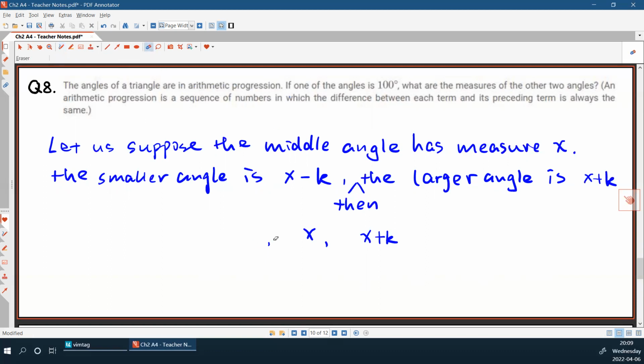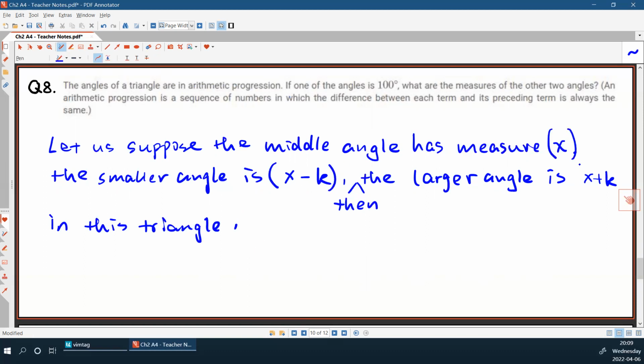All right, and do not forget, we are discussing a question in a triangle. Therefore, in this triangle, what property do we have? The sum of these three angles must be 180 degrees, right? That means x minus k plus middle angle x plus x plus k largest angle. Sum of these three angles should equal 180 degrees because we are in a triangle.